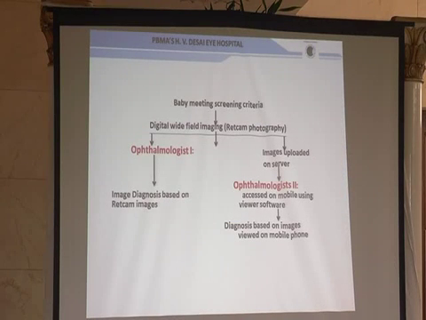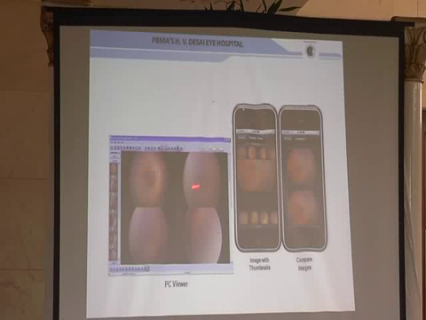So coming to the flowchart of the methodology, the first ophthalmologist made diagnoses based on the images which were viewed on the RedCam monitor, whereas the second ophthalmologist accessed the same set of images on the smartphone screen to make the diagnosis. So basically we compared diagnosis based on this monitor versus based on this screen.